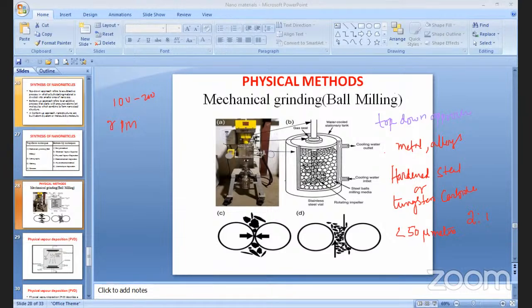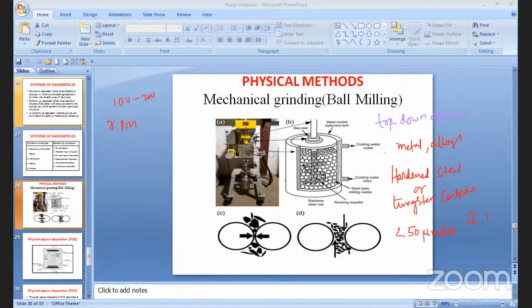What are the advantages we have here? Some metals and alloys like cobalt, chromium, or wolfram, otherwise some alloys like aluminum, ferrous, nickel, titanium, silver, iron, etc., can be taken.